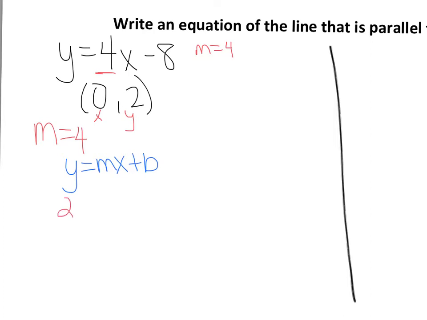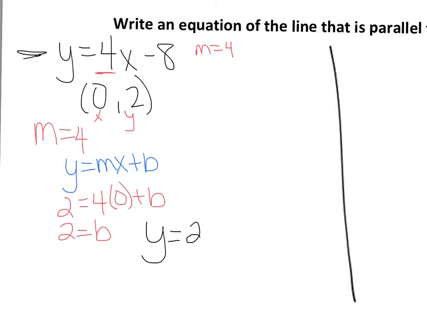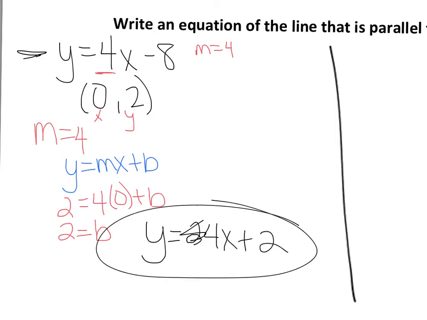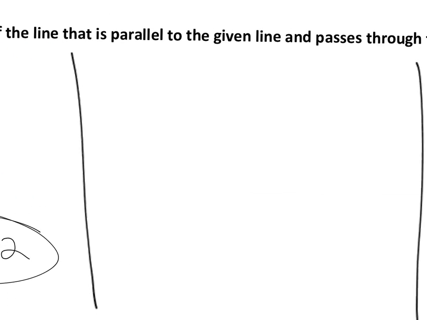If we plug 2 in for y, 4 in for m, 0 in for x, we can solve for b, and we end up with 2 equals b. So the equation of a line parallel to this line is y equals 4x plus 2. Parallel lines are pretty easy.